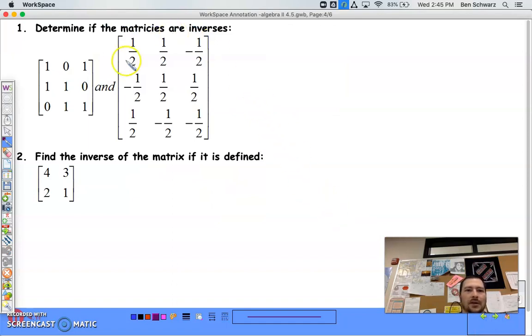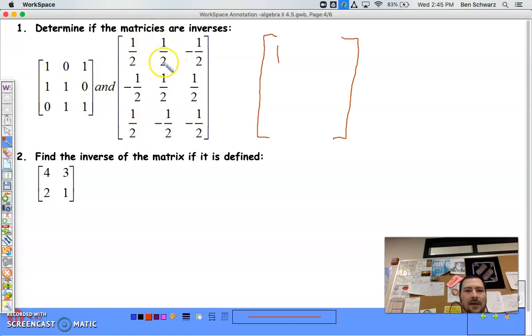All right. So determine if these two are inverses. We did that at the beginning. Let's just do that again. So again, in order for them to be inverses, when you multiply, you have to get the identity. So row 1 times column 1. 1 times a half is a half. 0 times anything is 0. 1 times a half is a half. Half plus a half is 1. Row 1 times column 2.